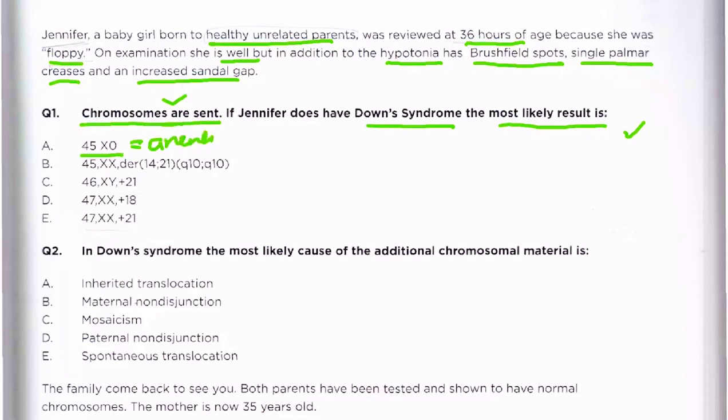Trisomy 21 is also an aneuploidy, but of autosomes, chromosome number 21, not of the sex chromosomes. So 47,XX,+21. Very good. We add the chromosome; she is a girl, so she is XX. Trisomy 21 is most common, and the chromosome number instead of 46 has become 47 now.